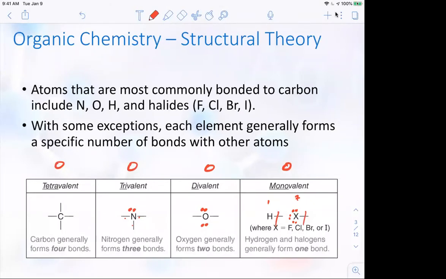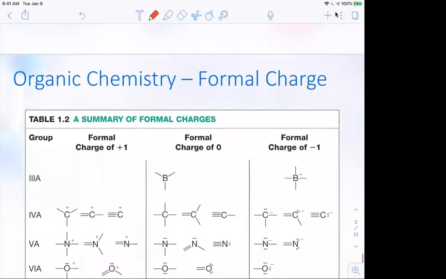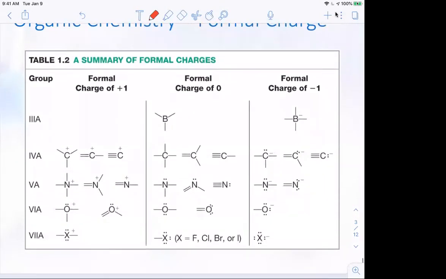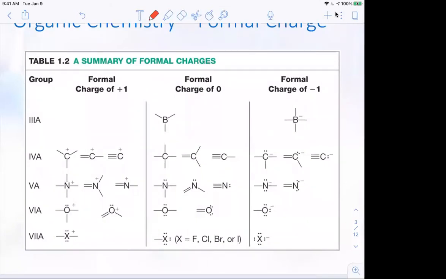It's when I don't have the common bonding patterns that I have to look for charges. So the ones we really have to look for using our summary are these guys. Remember, I'm really interested in carbon, nitrogen, oxygen, and halogens.